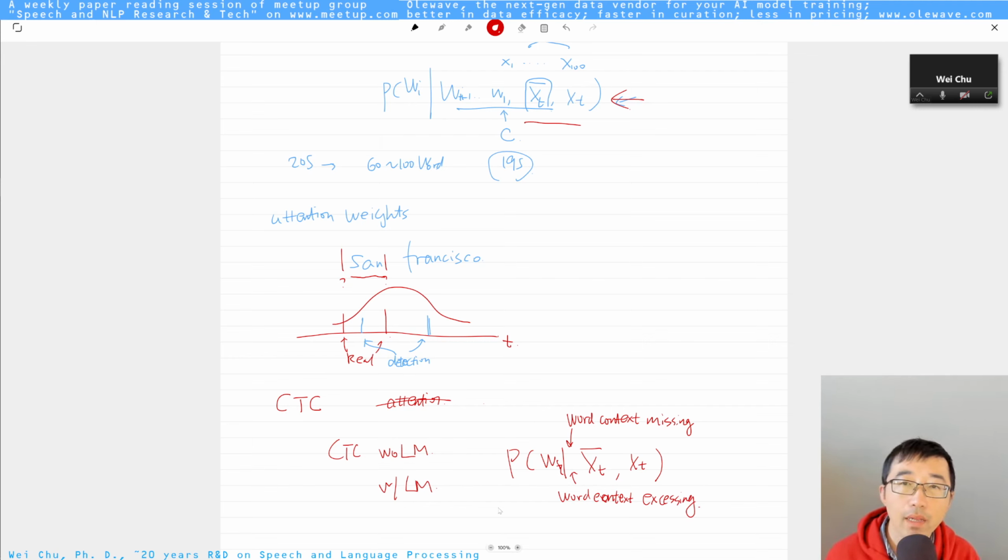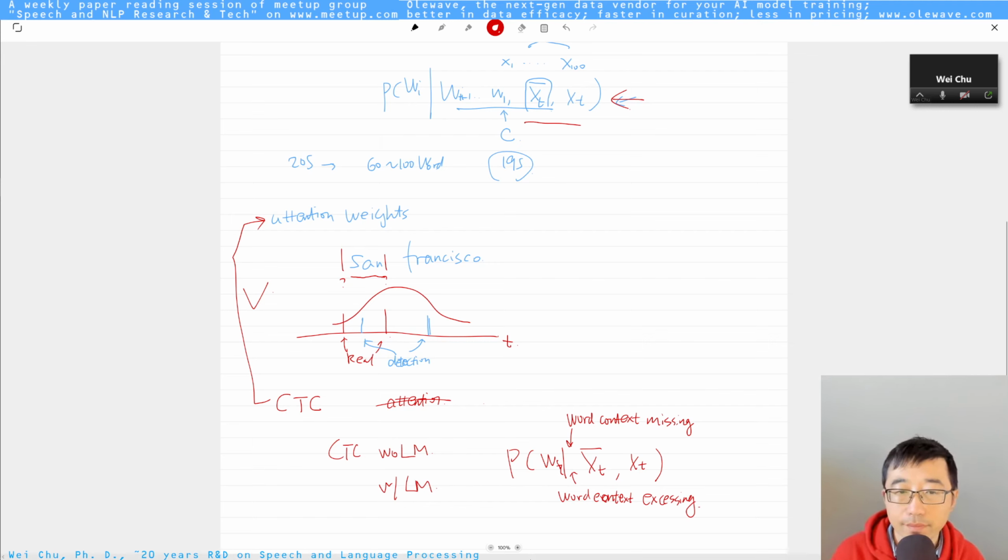Then you can see that of course when CTC doesn't use attention, it might be better. And actually the news is that CTC is better than the attention-based method. This is my experience, but I do not have any solid benchmarks because I do not have time to run them.